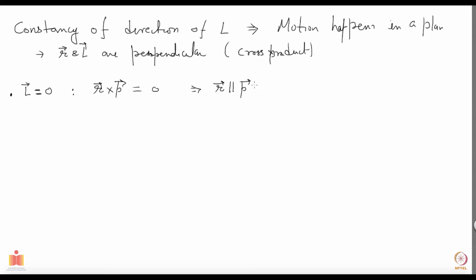Let me write it down. So R is parallel to P. So your mu is moving in a straight line.